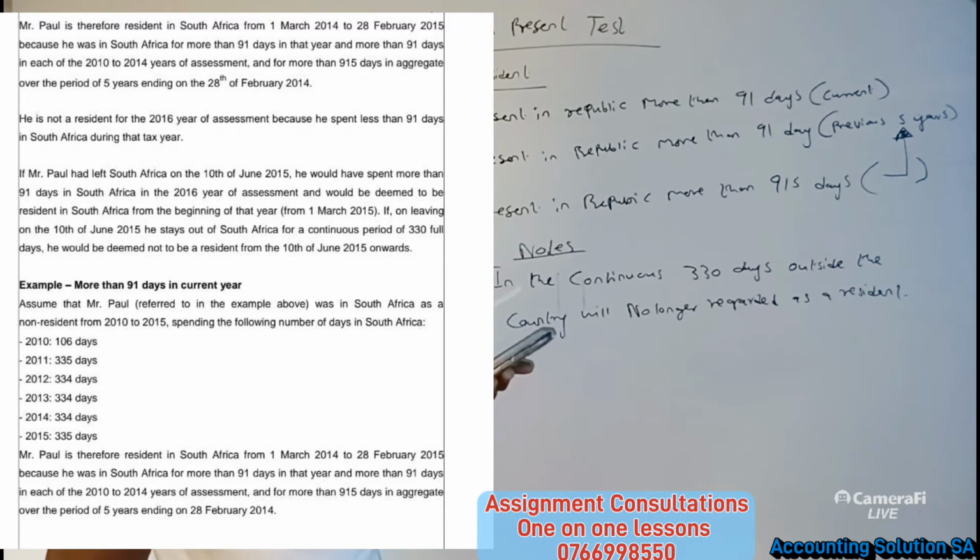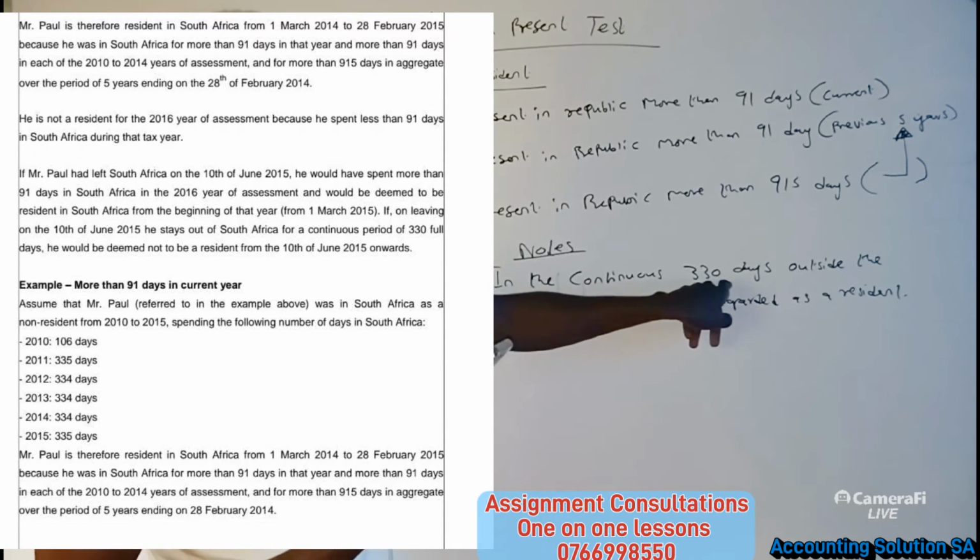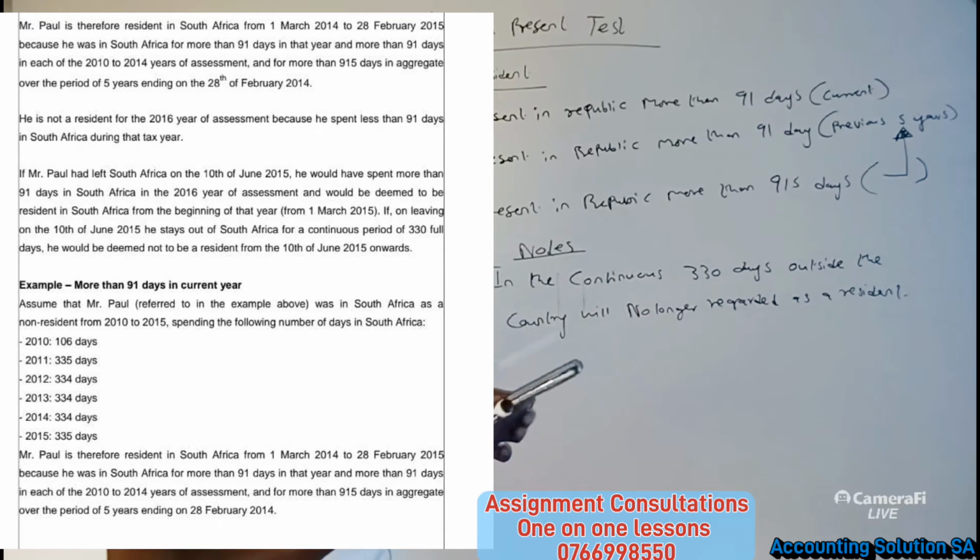They said Mr. Paul is therefore resident in South Africa from 1 March 2014 to 28 February 2015 because he was in South Africa for more than 91 days. This is what I have explained. But he is no longer a resident in 2016, because if you check 2016, he stayed only 46 days, which means more than 330 continuous days outside the country.